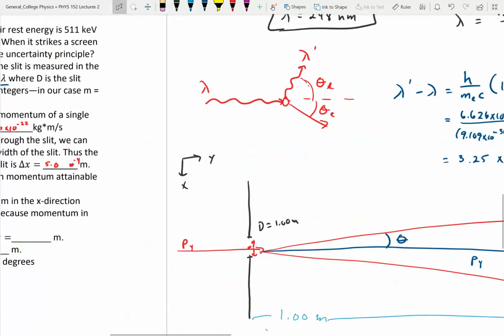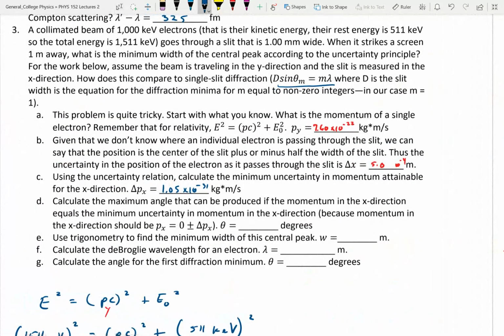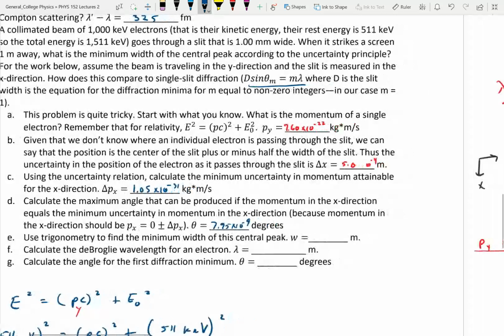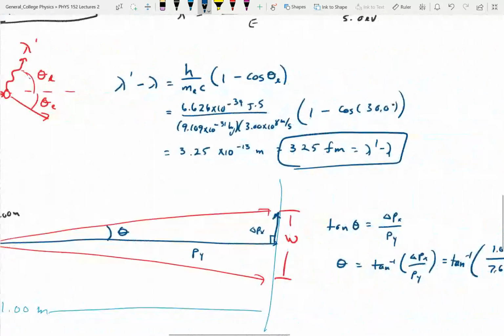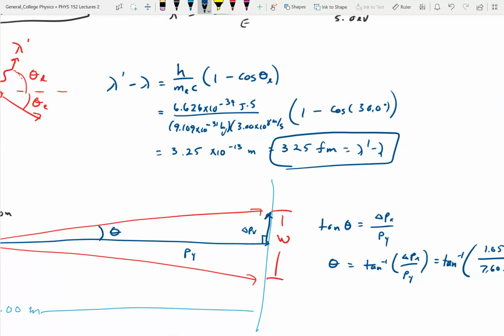Now, I asked for that angle, so the angle is 7.95 times 10 to the minus 9 degrees. It's a very tiny angle. Use trigonometry to find the minimum width. The width is 2 times the length from there to there.